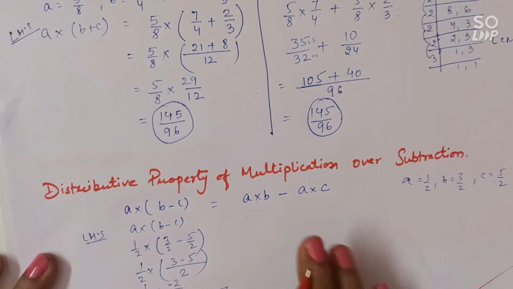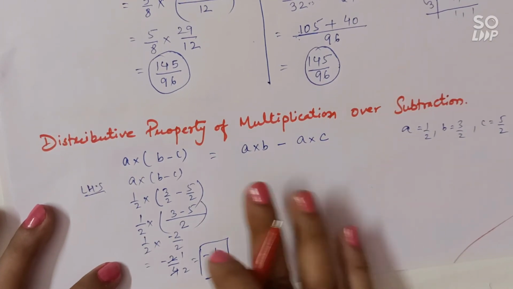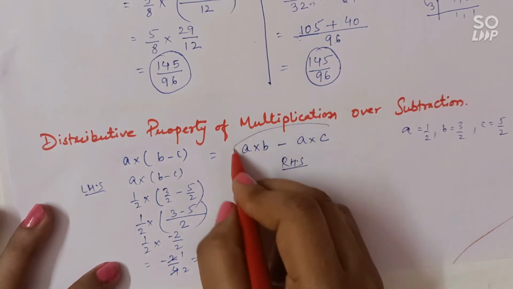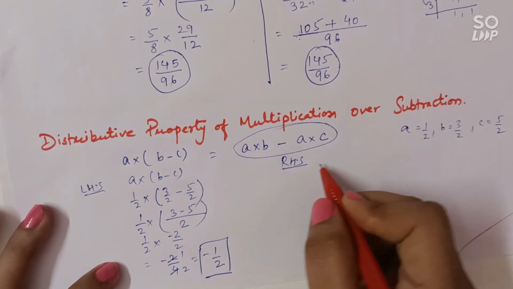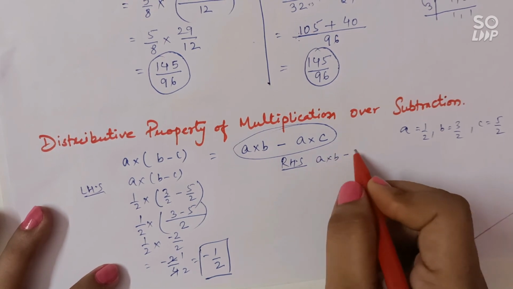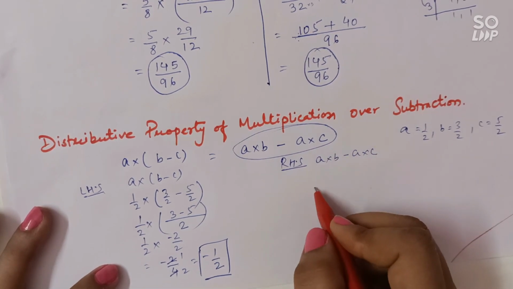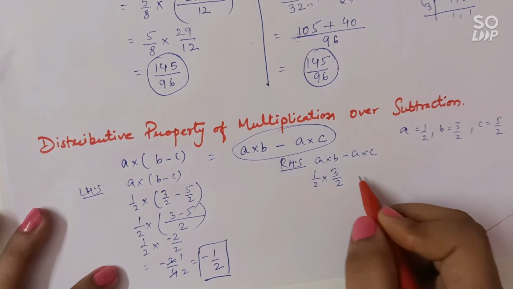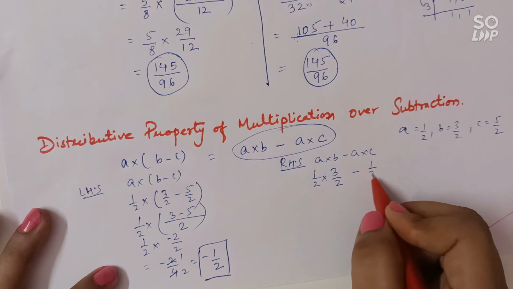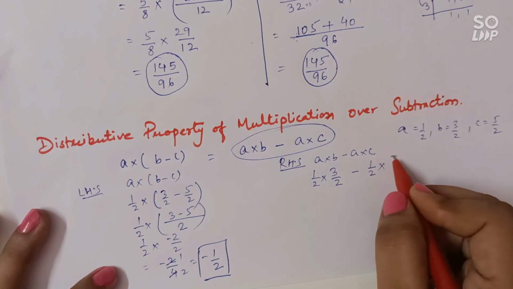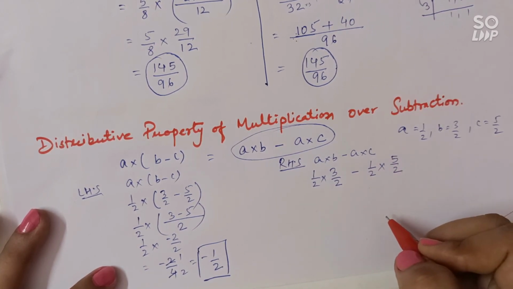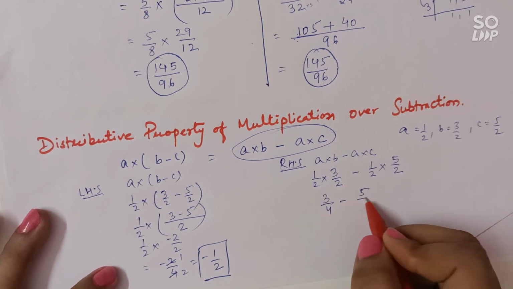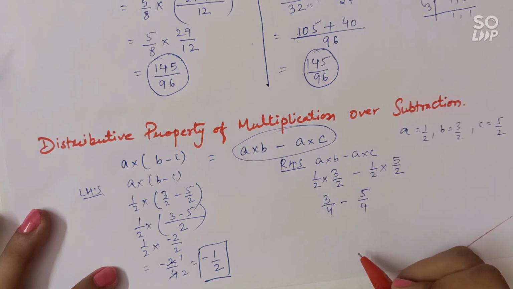Okay, let's check out for the RHS part. This is our RHS part. So we'll check out for this, a into b minus a into c. A into b means a is 1 by 2 into b. B is 3 by 2 minus a into c. That's 1 by 2 multiplied by 5 by 2. Okay, so it will be 3 by 4 minus 5 by 4.